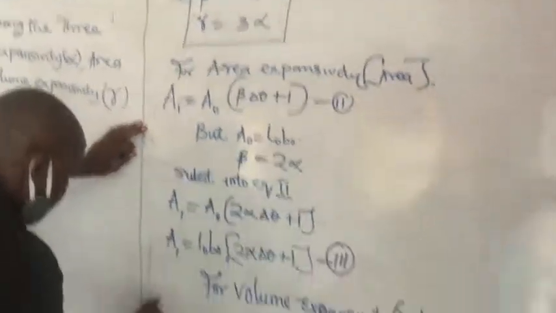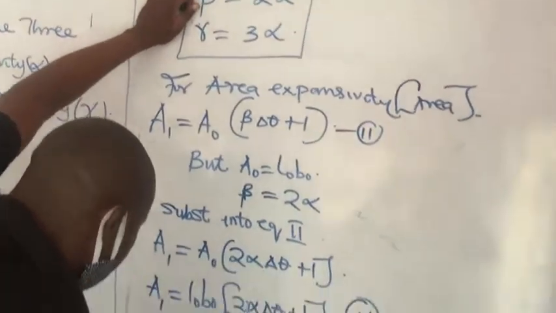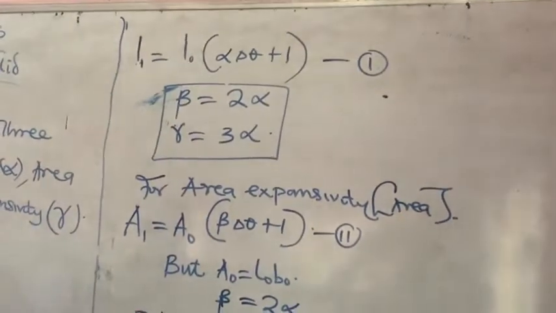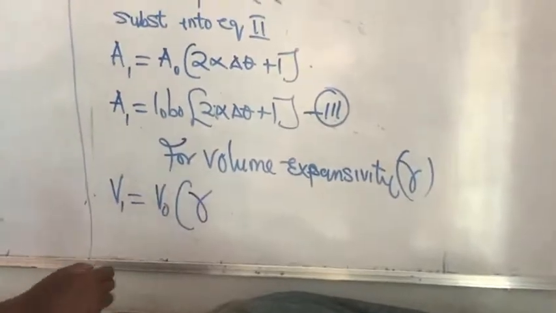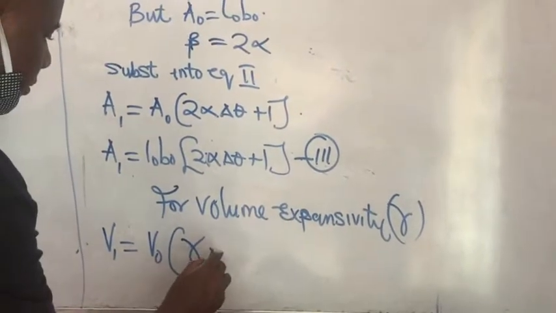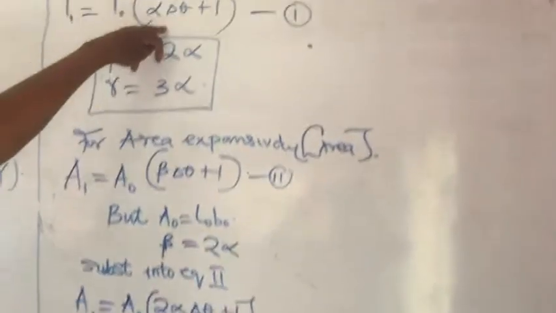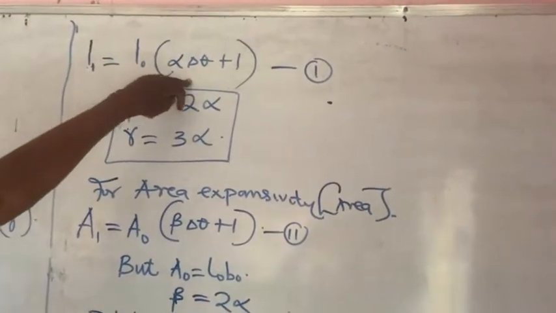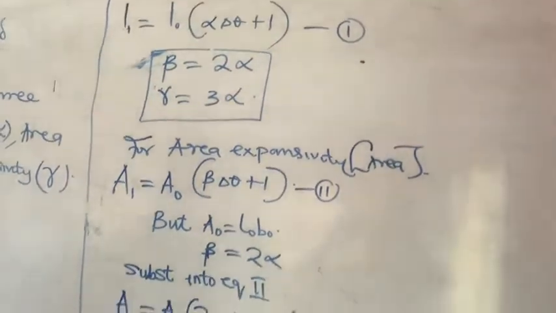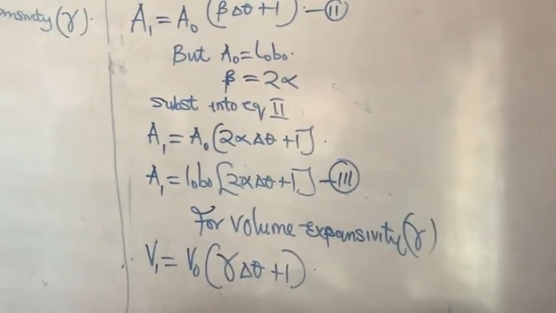I'm going to have V1, then V0 bracket. Remember we are using gamma now because we are in volume, so gamma delta theta plus 1. We are repeating what we have in equation 1, but using the appropriate values. So now we can still replace something here.